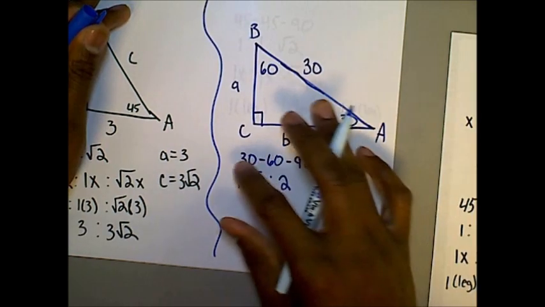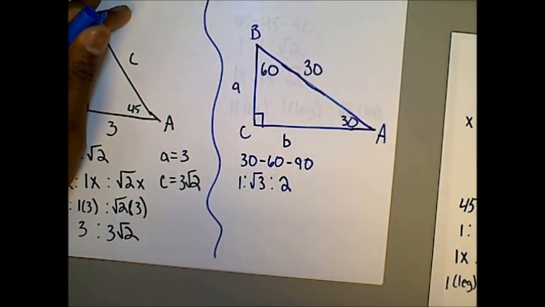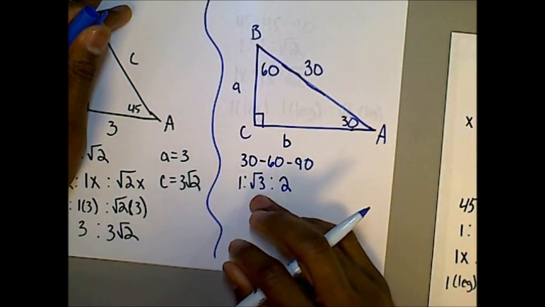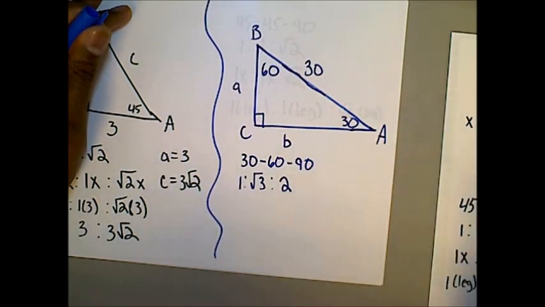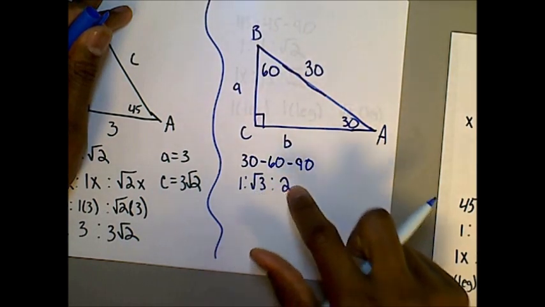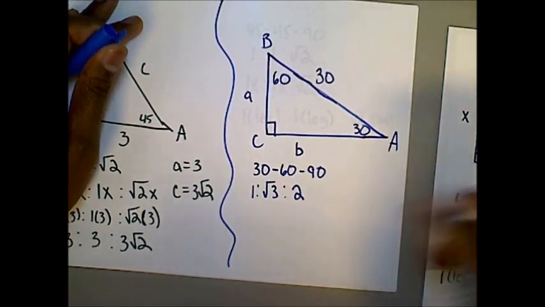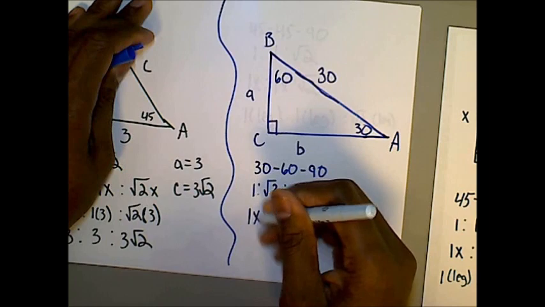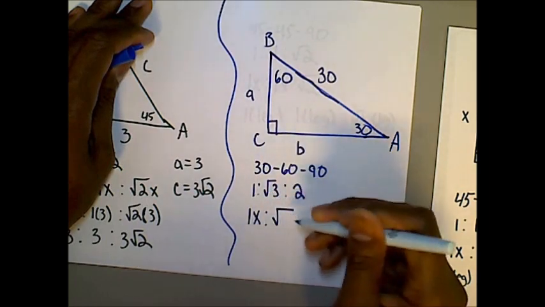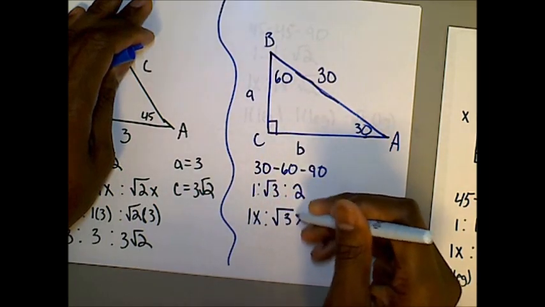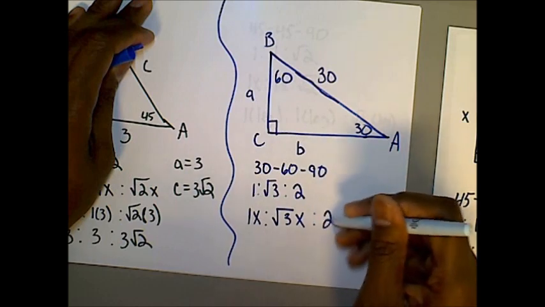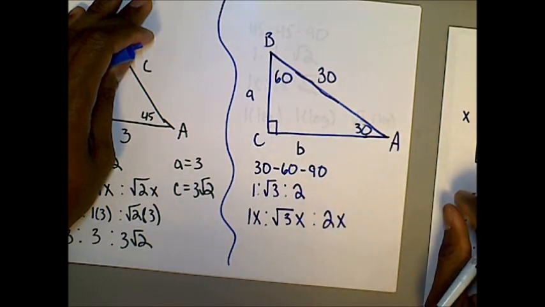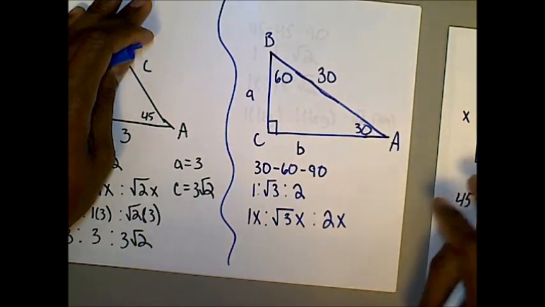We need to find the missing sides. How do we go about doing that? Just as I stated before, a 30-60-90 has a 1 to square root of 3 to 2 ratio. So whatever x is, the sides are 1 times x, square root of 3 times x, and 2 times x, with the side opposite the 90-degree angle being the 2x.